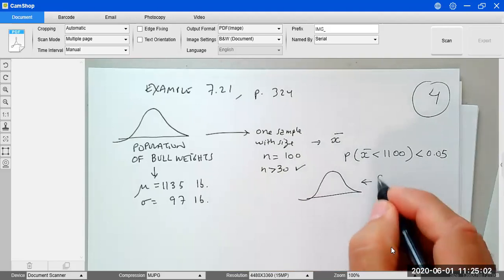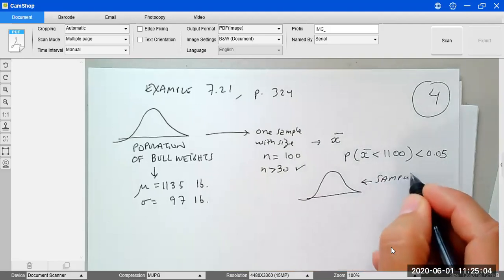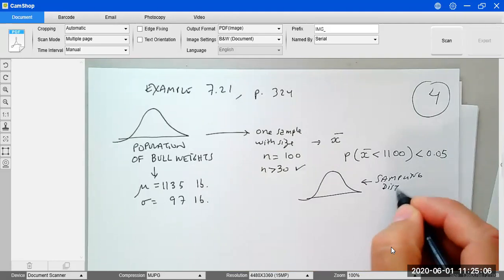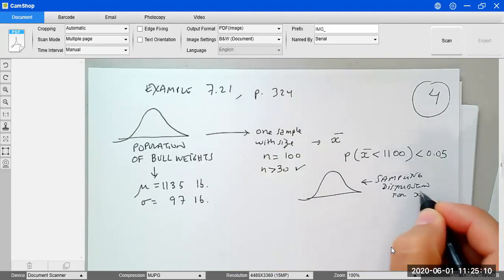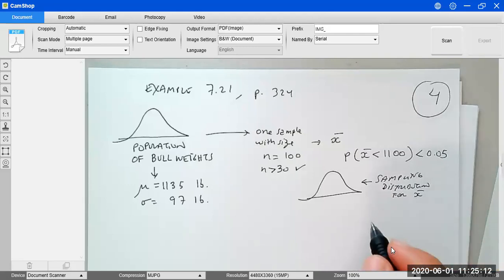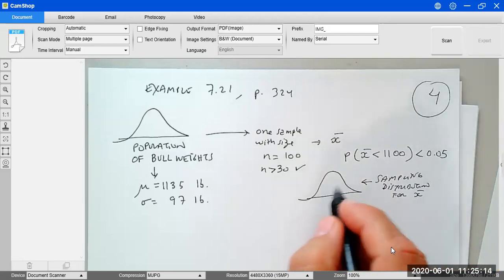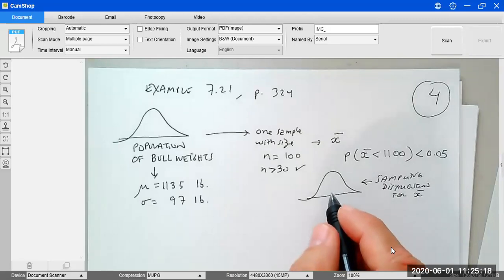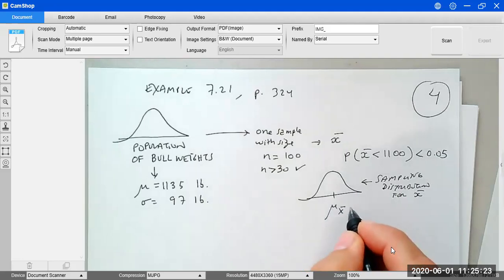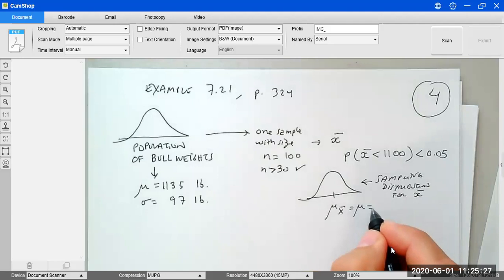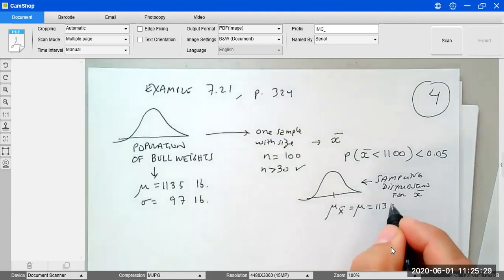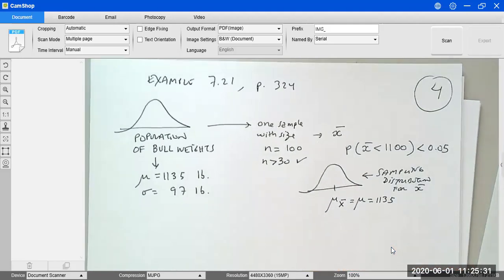So this is the sampling distribution for the means, for all means, for a lot of samples. So it's a normal distribution. And we know that the mean of those means is going to be equal to the mean of the original population, so 1135 pounds.